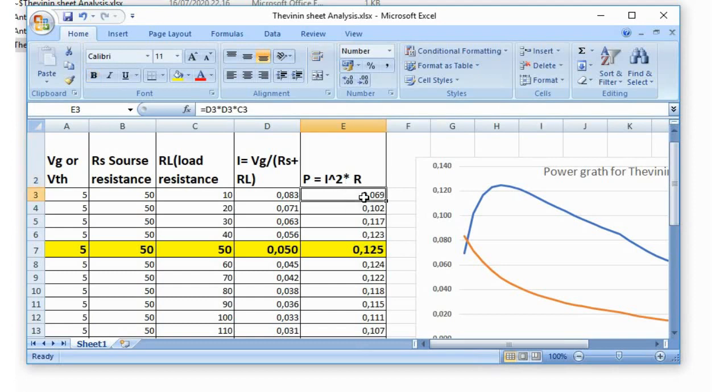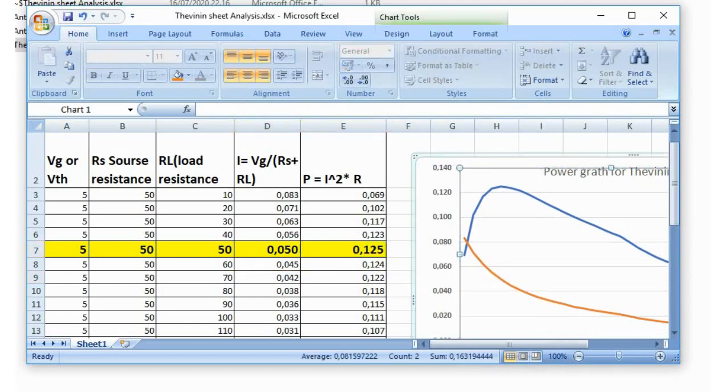If you perform this calculation, then you can observe that when VG is 5, RS is 50, RL is 50, then and only then your power is very high, it is 0.125.